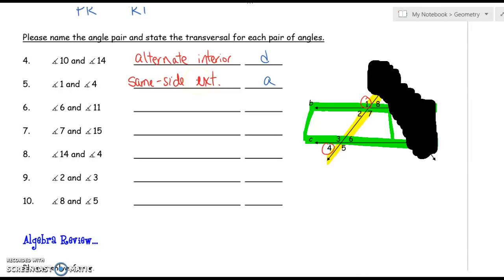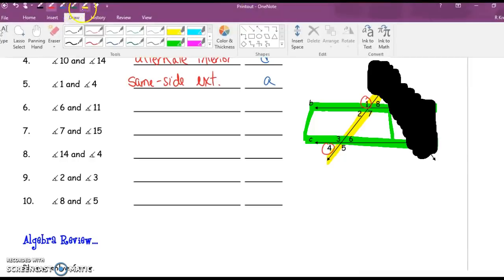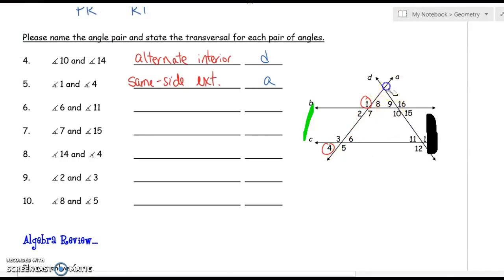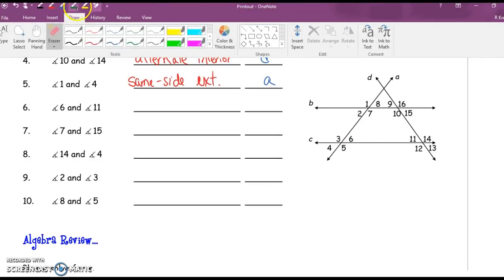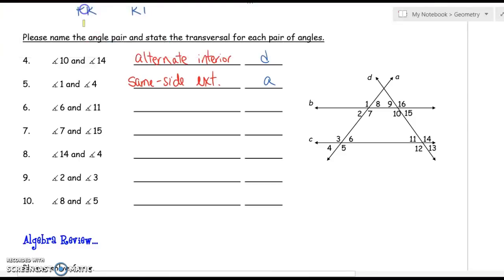Okay. Let's say we have 6 and 11. So, let's get rid of all this stuff. It might help you to have a piece of paper or use your hand and cover up parts of the paper that you don't need. 6 and 11, the line that touches both 6 and 11 is this line here.